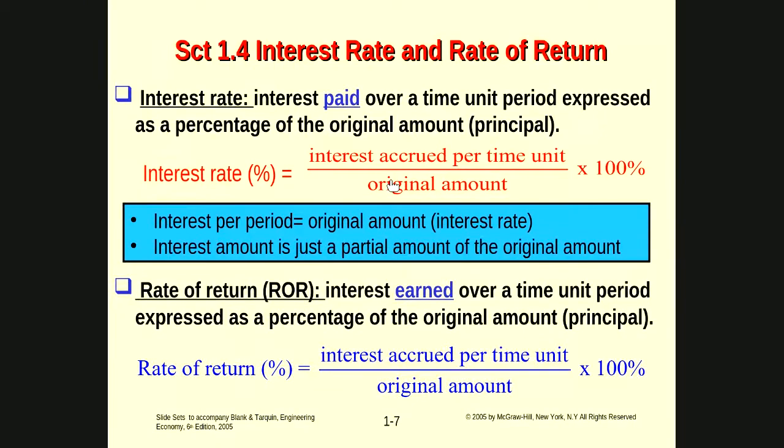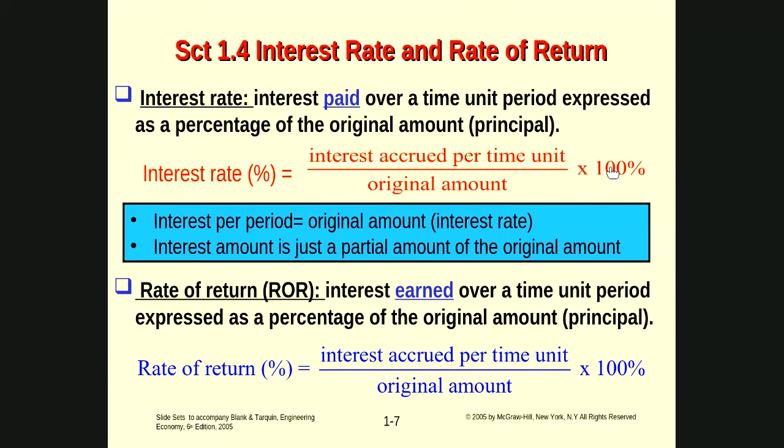Basically, how much is the profit? If we say the interest on 100 is 10%, then 10% over the 100 becomes 110. This 10 amount over the original 100, multiplied by 100, gives you the interest rate.